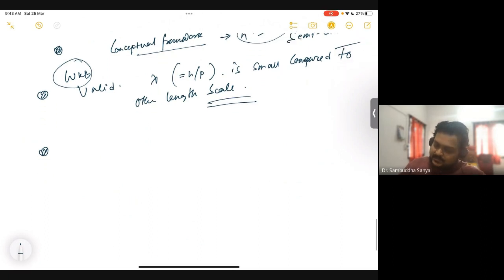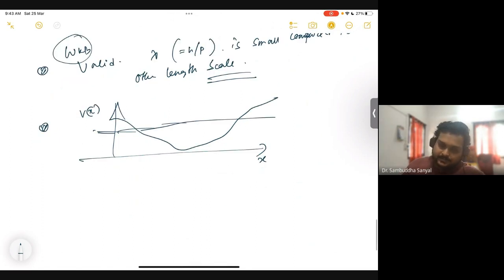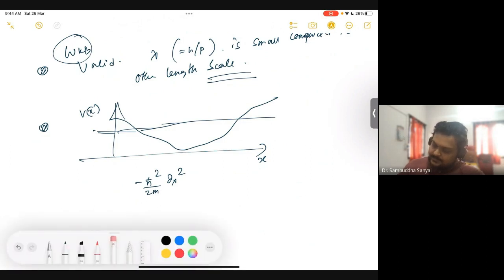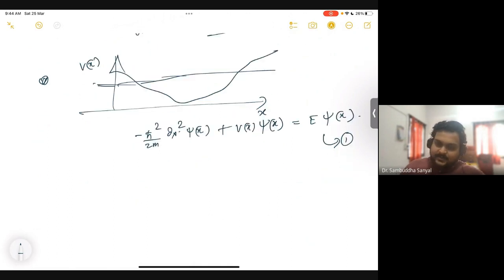So let's consider a slowly varying potential. So this is my Schrodinger equation of a slowly varying potential.